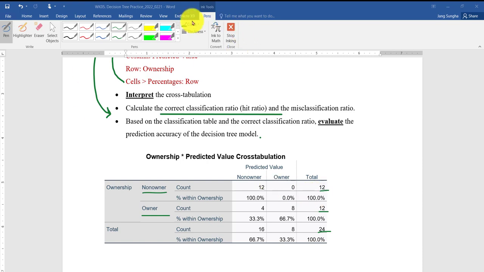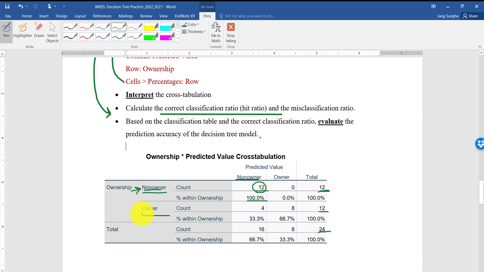Let's focus on non-owners. Actually there are 12 non-owners, and according to the prediction model, 12 of them, or 100% of them, were predicted to be non-owners. So that is good for us.